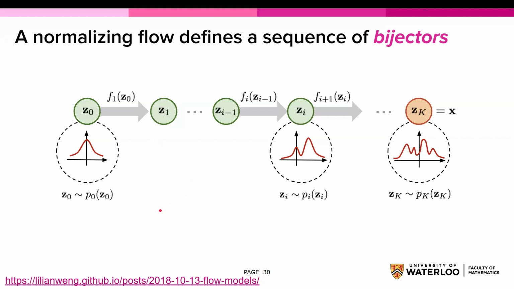Specifically, the parameterization needs to ensure that these transformations are invertible and also allows for efficient computation of the Jacobian determinant. And that last consideration is pretty crucial because computing the determinant of a general Jacobian can be computationally expensive, especially as we go into higher dimensional spaces.